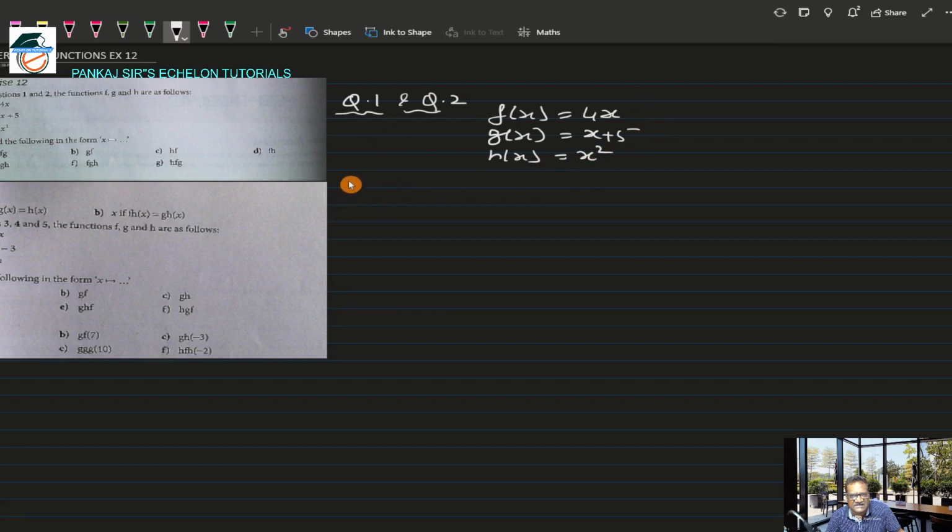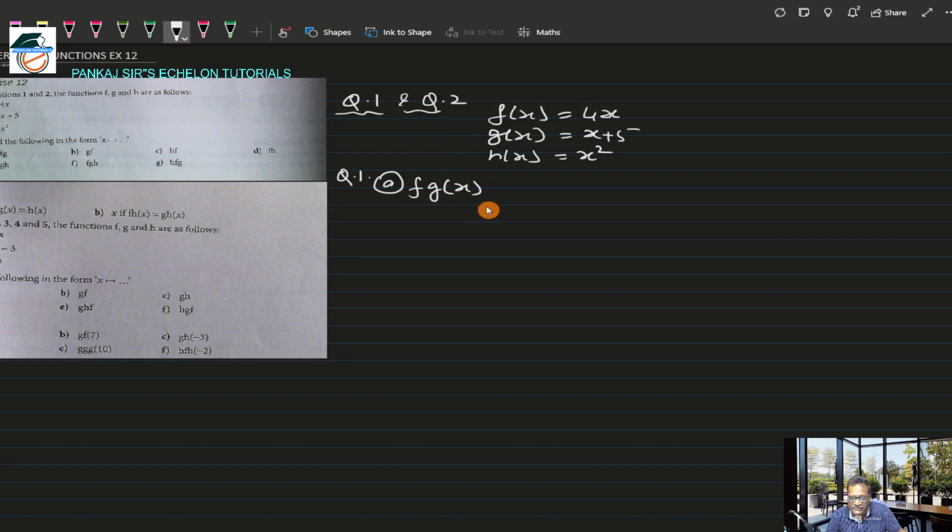These are the three functions you have to refer to. Now let us start with question number 1a, which says to find out fg of x. These are composite functions. I've already dealt with the theoretical aspect of composite functions as well as inverse functions, and this exercise 12 is based on these two concepts.